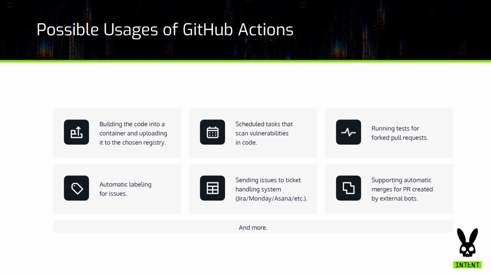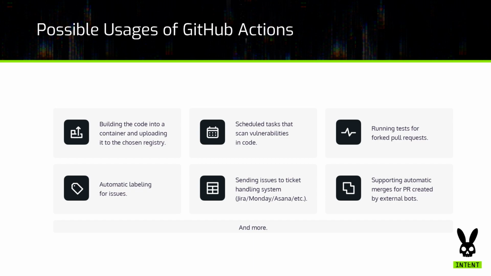So what is CI/CD and what could you do with these actions? The most simple thing you could do is just take your code, download, compile it, package it into maybe a container image, and push it to your chosen artifact registry. It could be Docker Hub, JFrog, Nexus, or whatever you want.